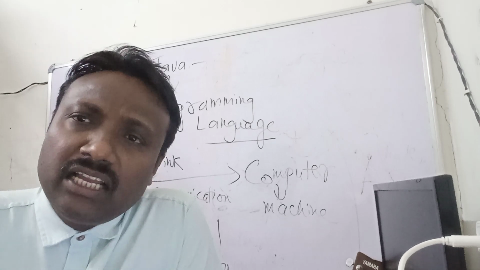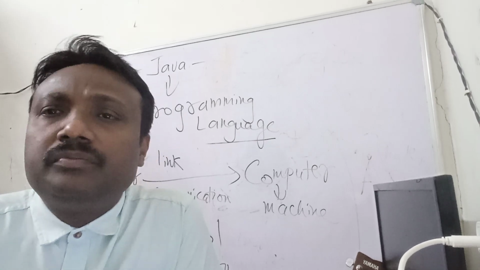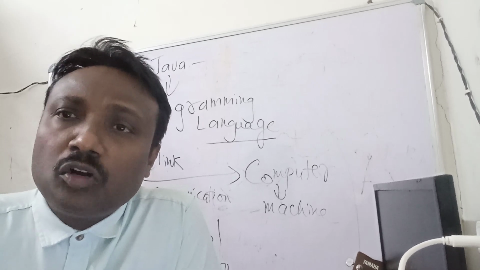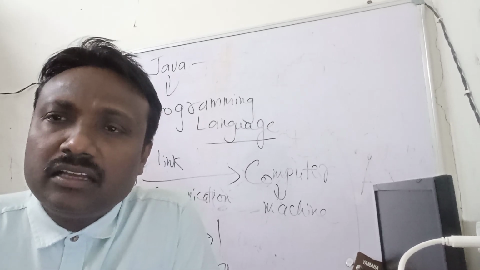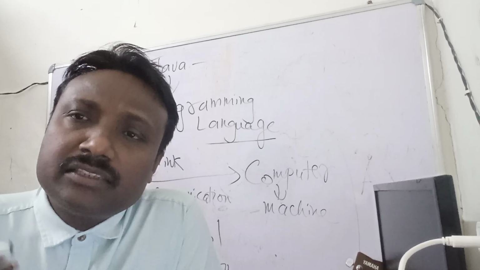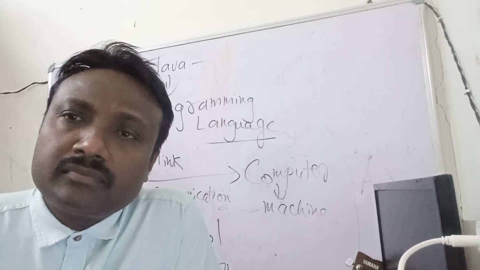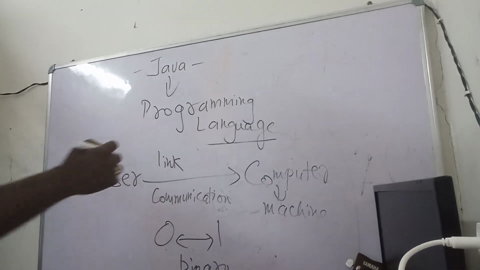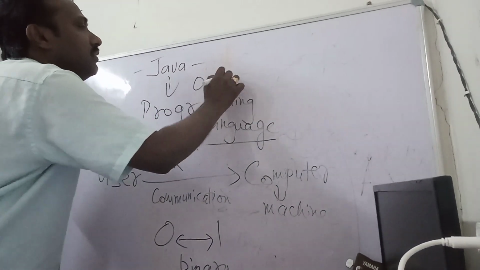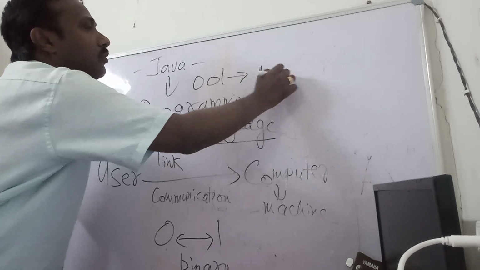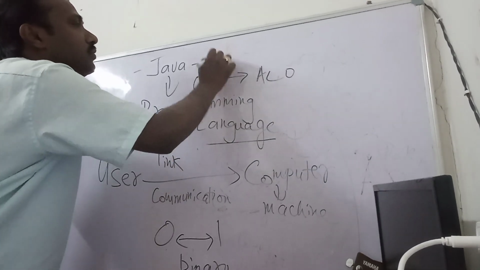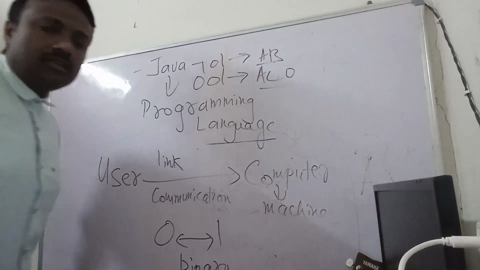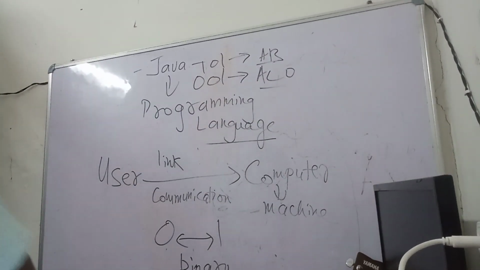Assembly language is a language where a group of binary digits was given symbolic mnemonic codes. We call them symbolic instructions. For example, 001 was given ALO, 101 AB. So these are symbolic instructions.